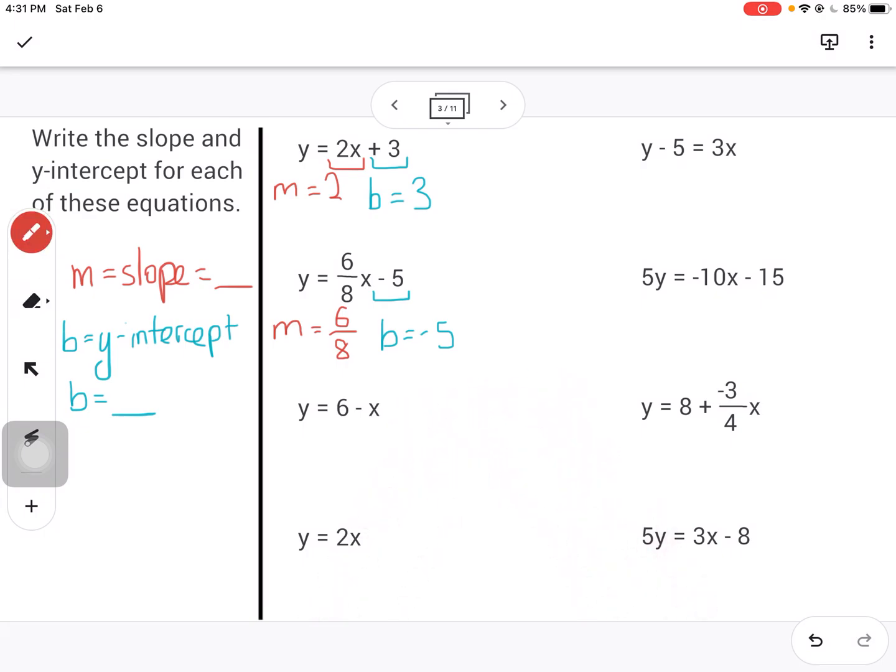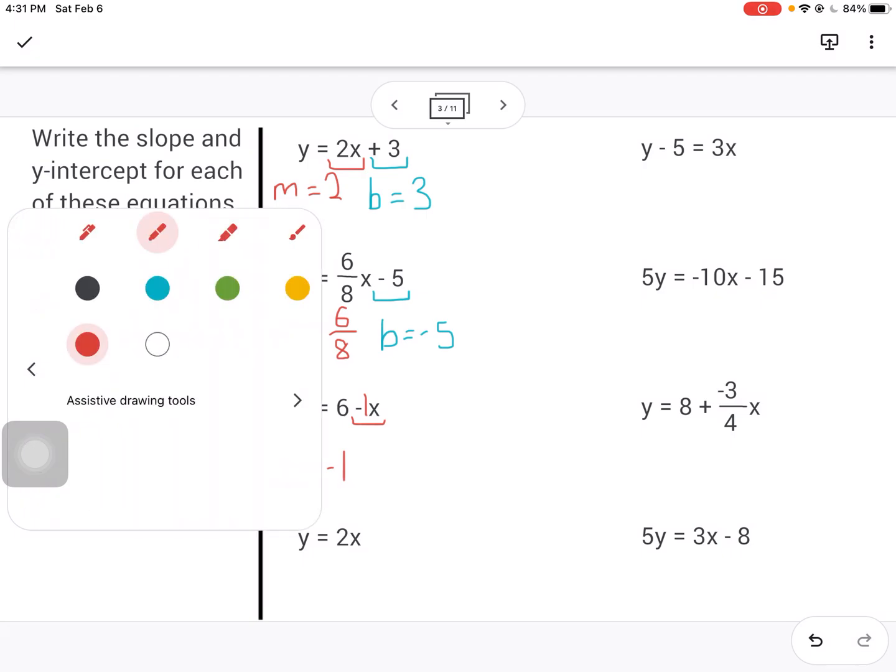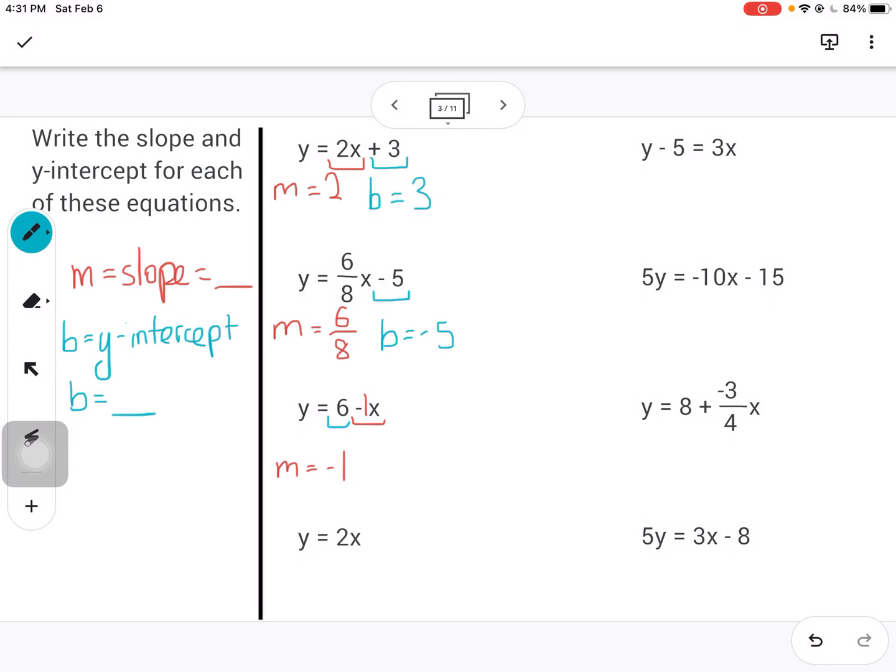So we could put a hidden 1 here in our equation, and then we can see that our slope is negative 1 because the number next to our x is negative 1. And our y-intercept would be 6.